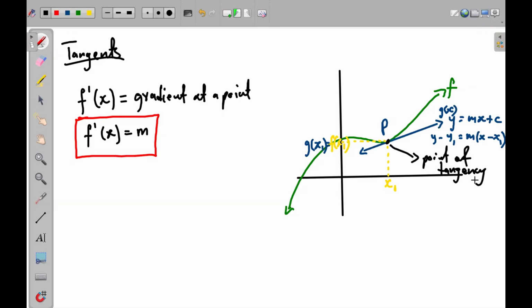Sometimes they give you the x and the y coordinate of the point of tangency. Or sometimes they might play around and give you a y coordinate of the point of tangency and then expect you to find the x coordinate.